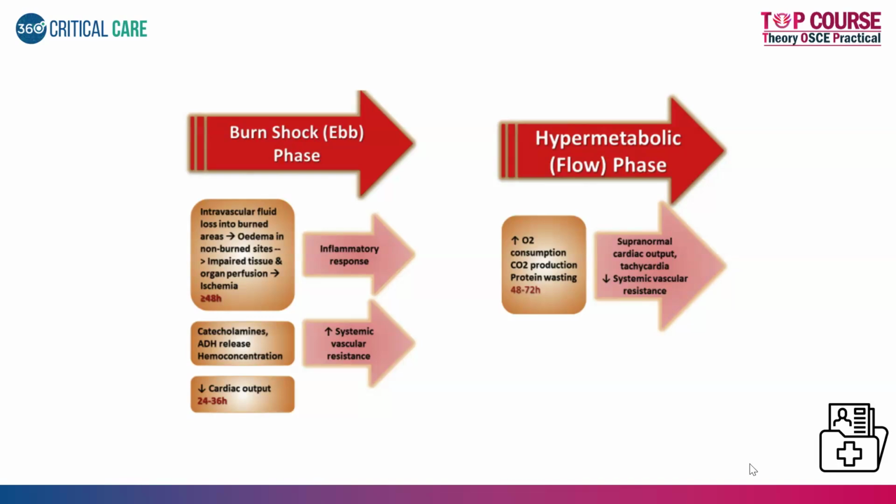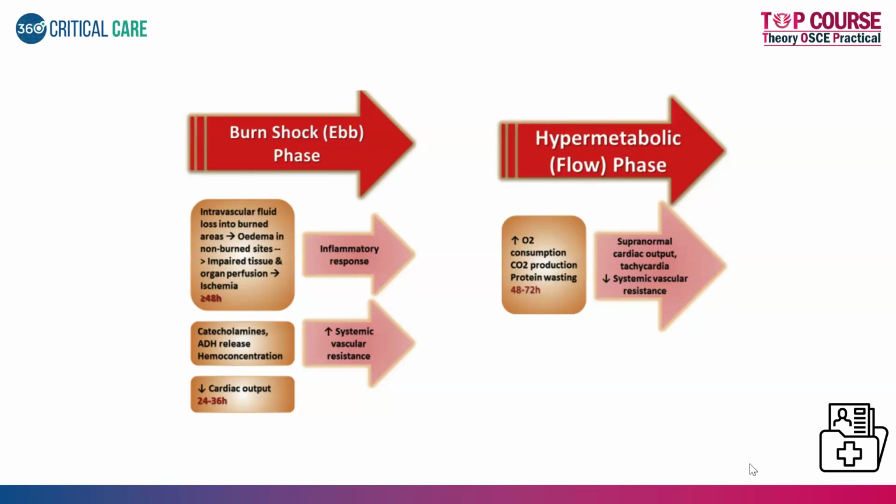So what usually happens when you have an injury? The body's initial response would be to increase vasoconstriction, because of which there will be increased systemic vascular resistance. There will be a sympathetic response causing an increased surge of catecholamines and ADH release. Because of all of this, there will be hemoconcentration. In the initial phase, there will be capillary leak which sets in.